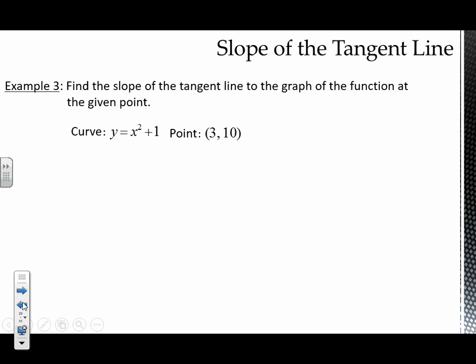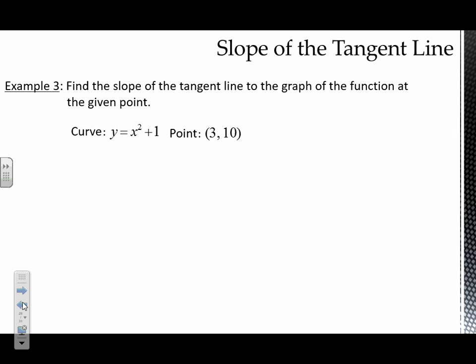We're going to start with this. We're going to take a function and evaluate at a point, and then we'll talk about the tangent line equation. So our curve, y equals x squared plus 1, and I want to evaluate it at the point (3, 10).